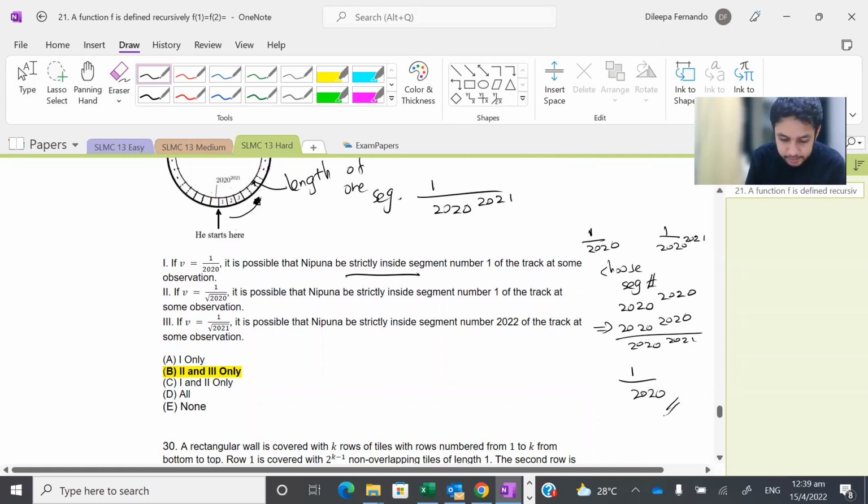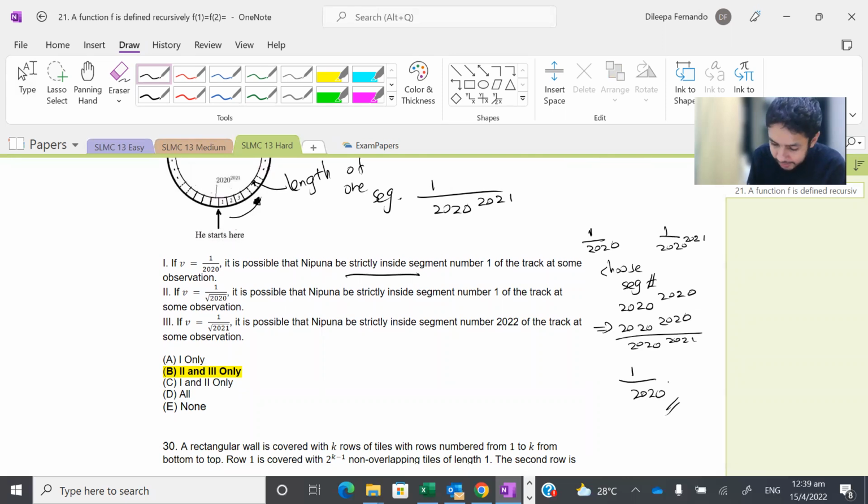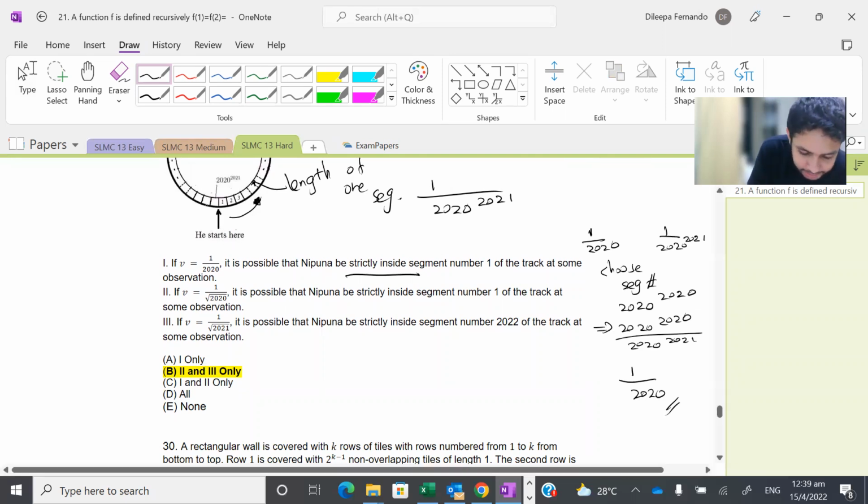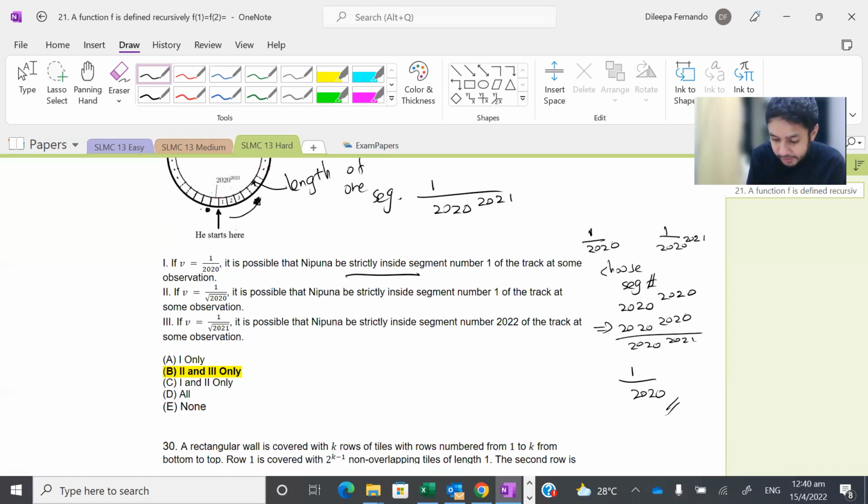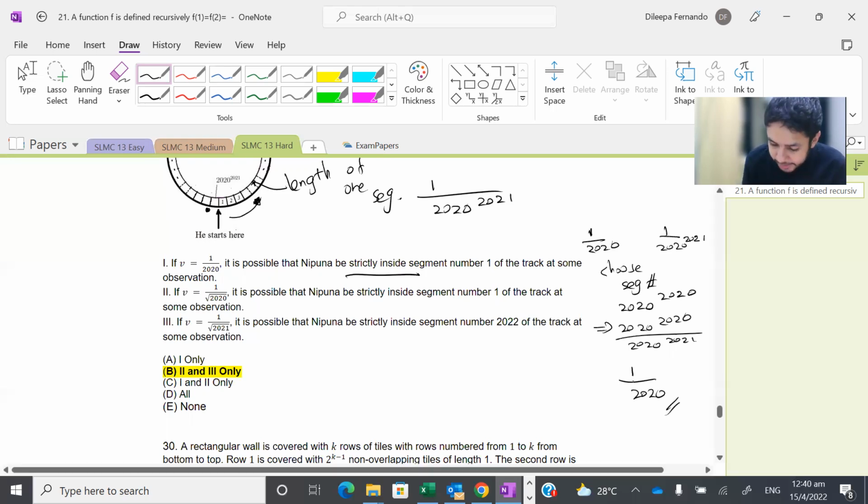Can you see 1 over 2020 goes to the segment number, I mean the last segment, boundary of the last segment. So that is from the first observation.